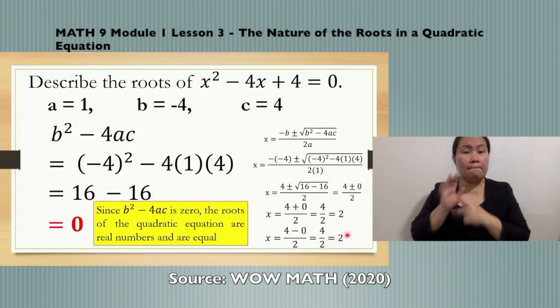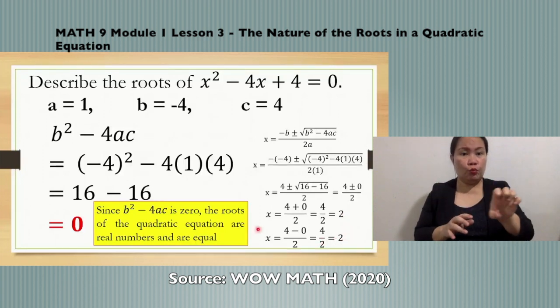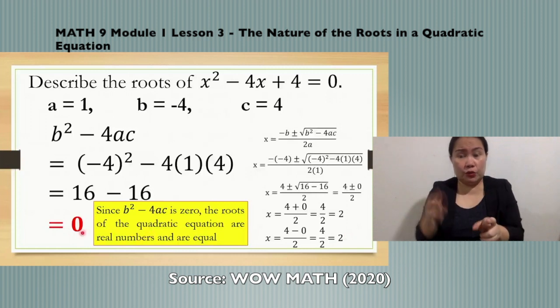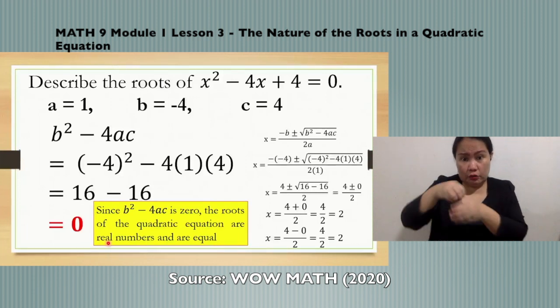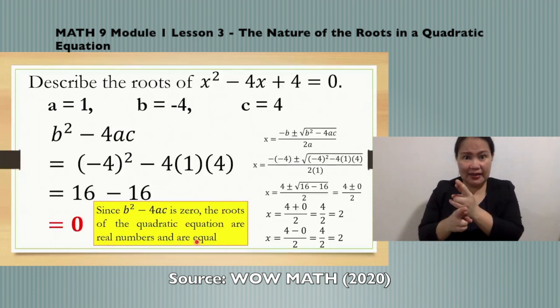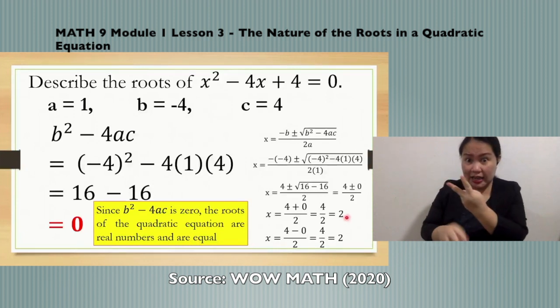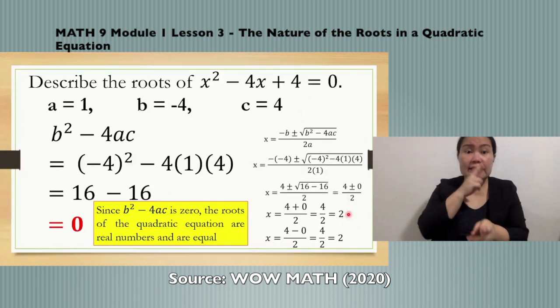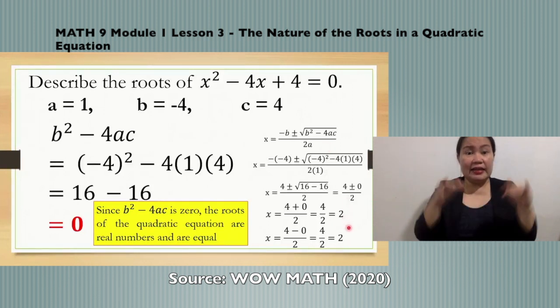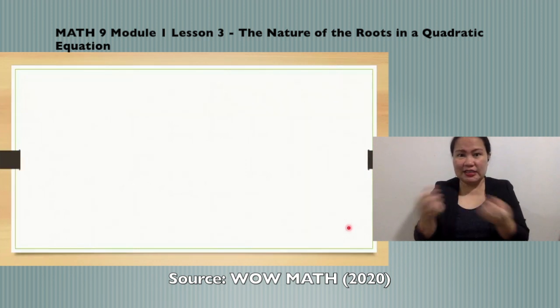So, we prove, kung mapapansin nyo, sabi kanina, kapag ang result mo dito ay 0, the nature of roots mo ay real numbers at equal sila. So, as you can see, after na i-substitute natin siya sa quadratic formula, equal sila. So, okay. So, that is the first case.